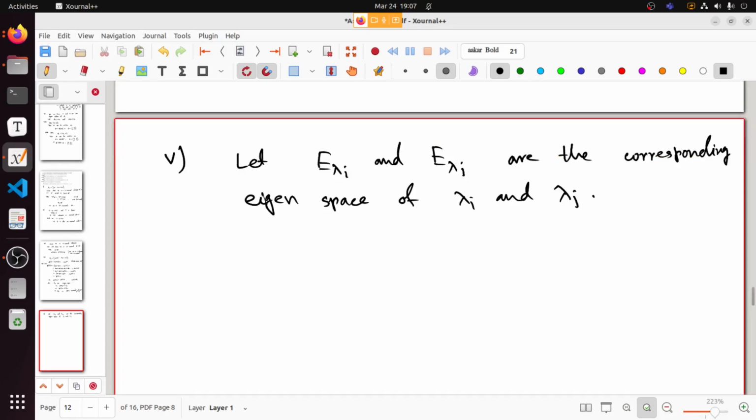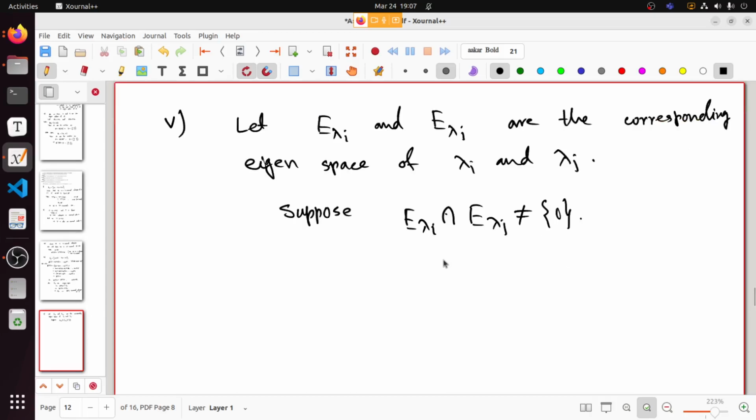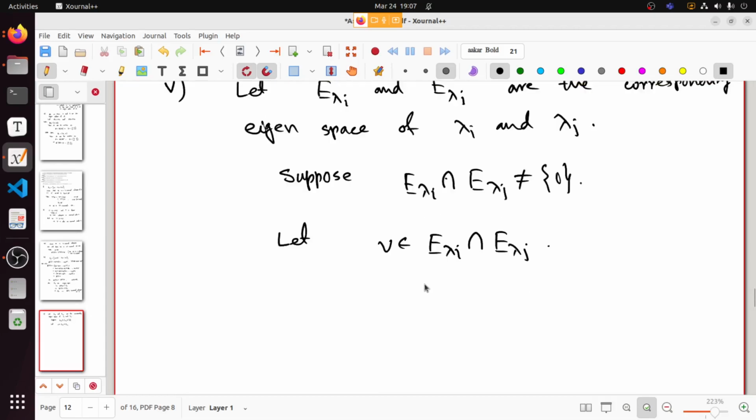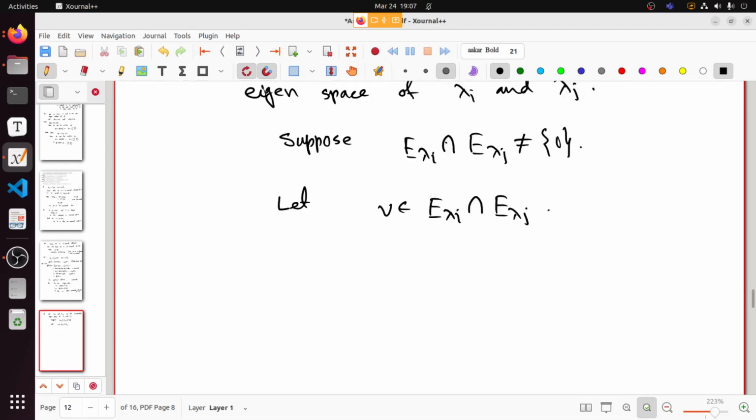Suppose they intersect. Suppose E lambda i intersection E lambda j is non-empty. So let's take an element v. Let v be in the intersection, where i not equal to j, for two distinct eigenvalues.